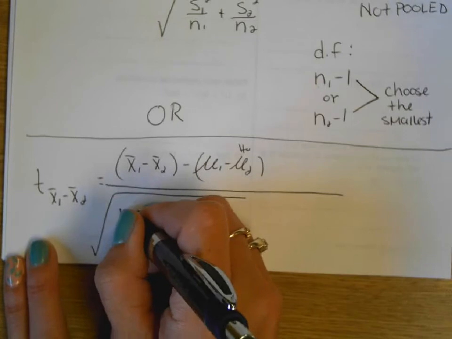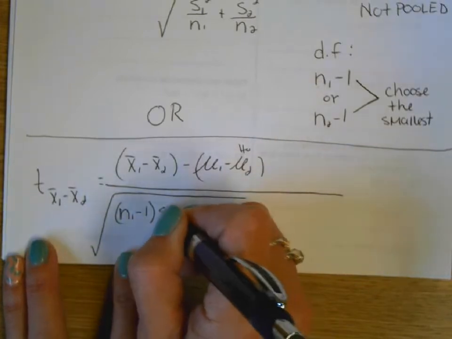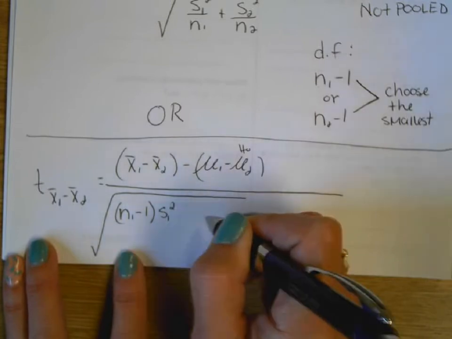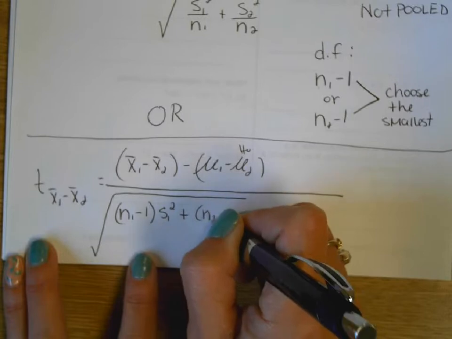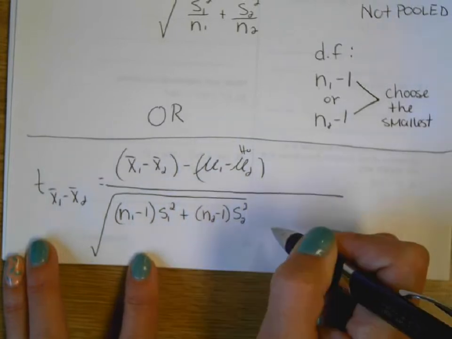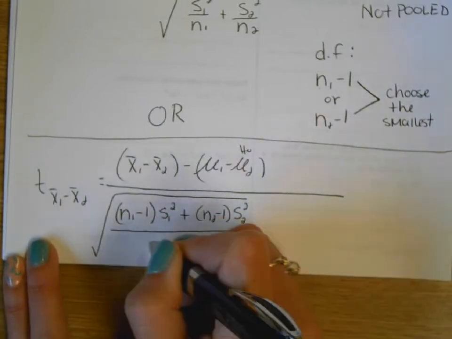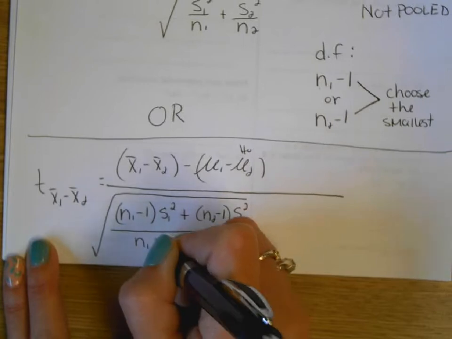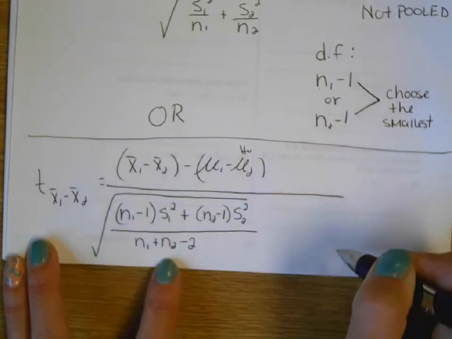Oh boy. n1 minus 1 times s1 squared plus n2 minus 1 times s2 squared, all divided by n1 plus n2 minus 2.